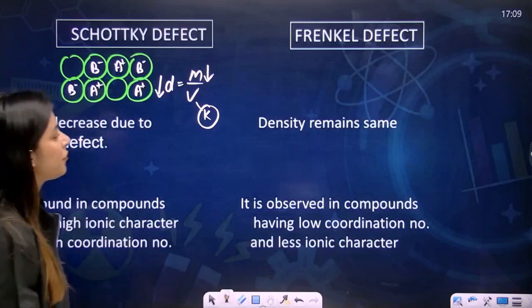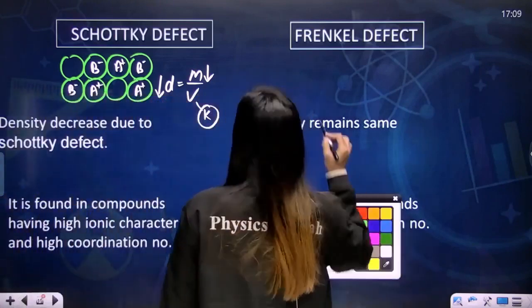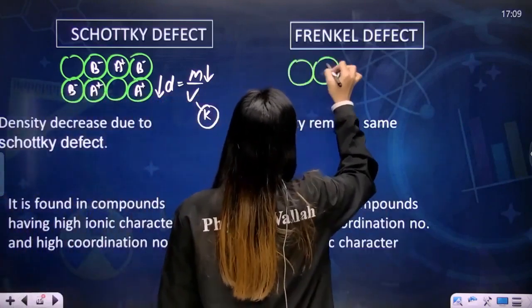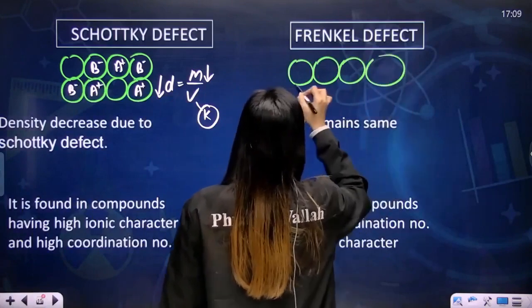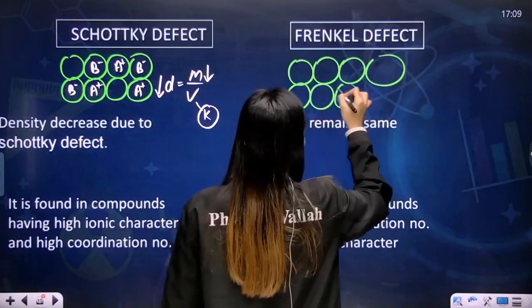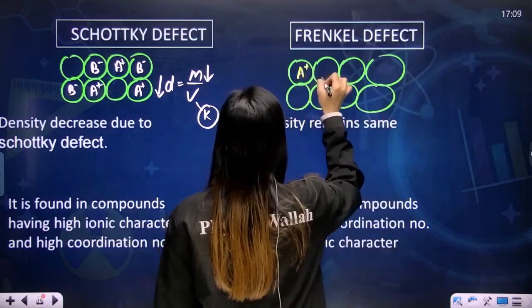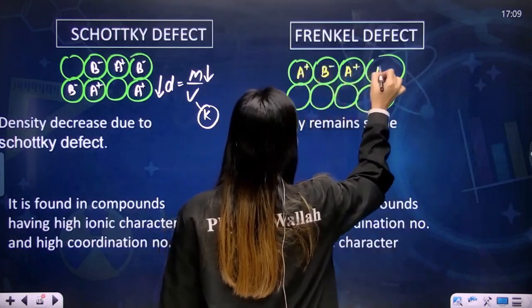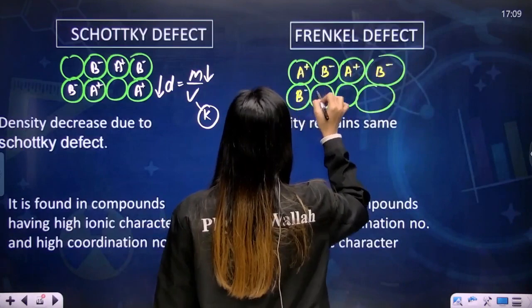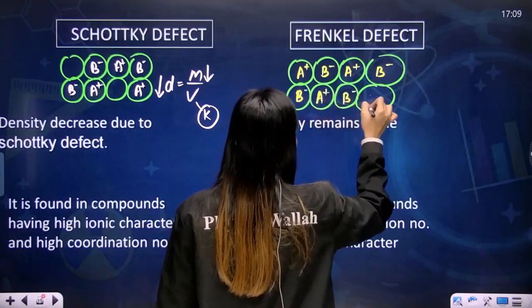Now let's talk about the Frenkel defect. In Frenkel defect we had ions present like this. Let's say you had A plus here, B minus here, A plus here, B minus here, B minus here, A plus, B minus, and A plus.